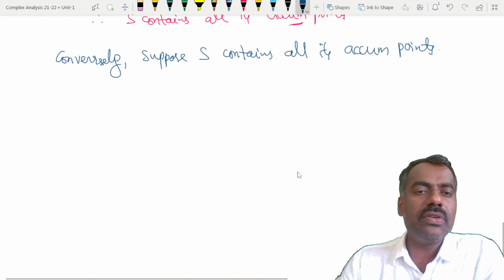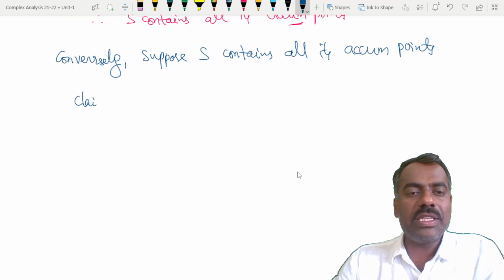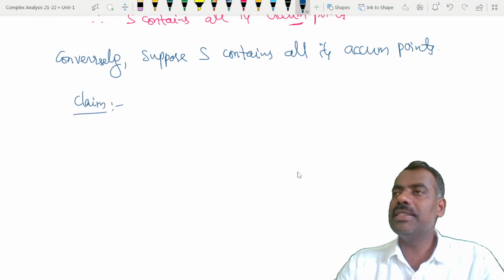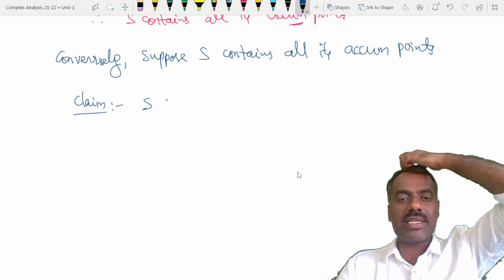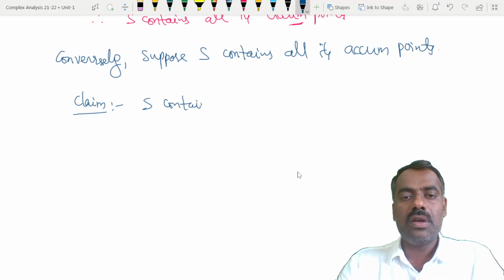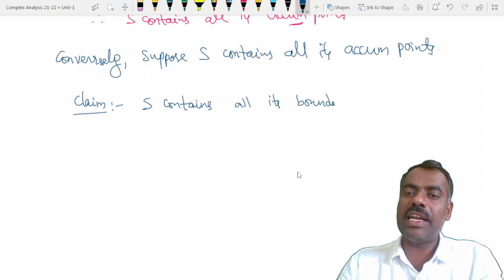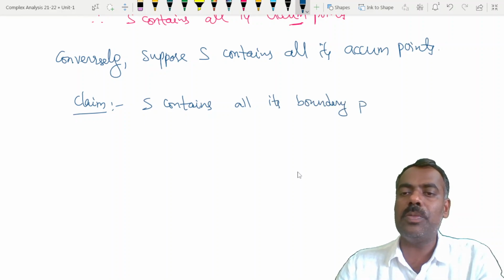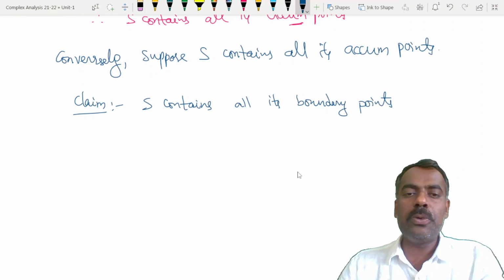That means, what is meant by saying something is a closed set? S contains all its boundary points. See, if we can understand what is given and what we want to prove, most of the time proofs are easy. So we will prove this again by contradiction.